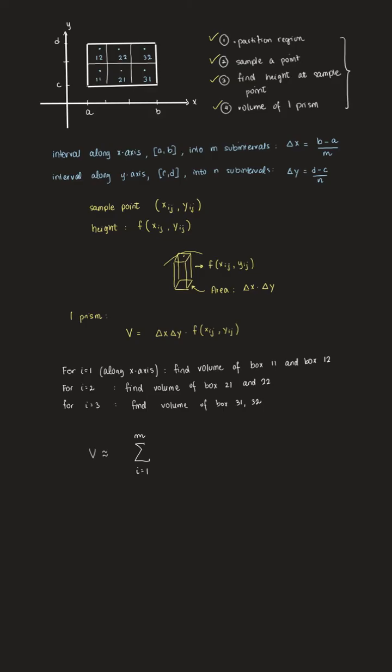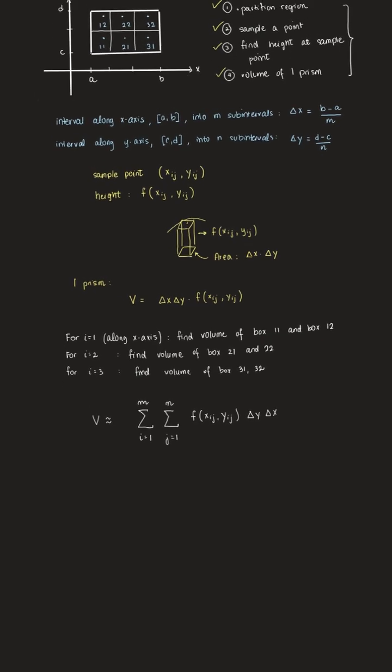And for each of these, we add up the volumes of the boxes as we count upward along the y. So that will take us from j equals 1 to n, right? And that's going to be the height of each prism times our little area component, delta y, delta x.